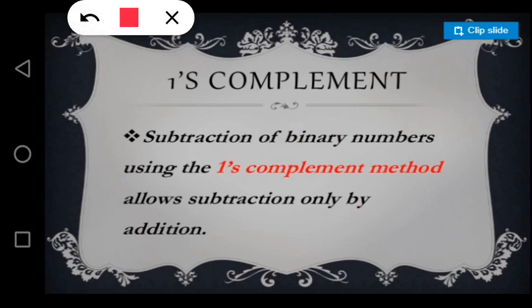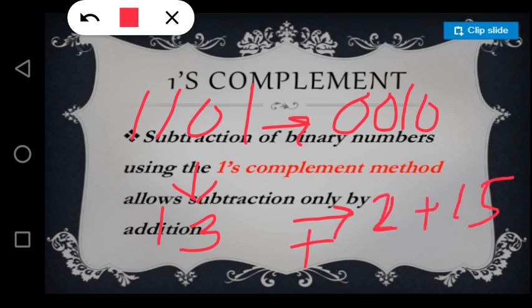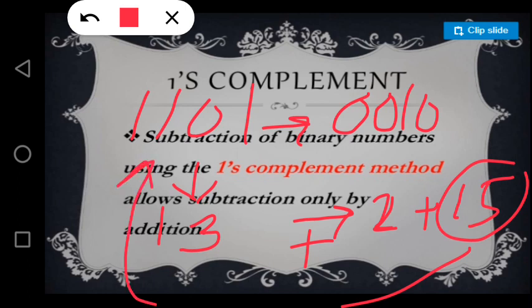You should understand the relation between a complement and a binary number. The complement of 1101 is 0010. This is 13, this is 2. If you sum up 13 plus 2, you get 15. 15 is the biggest number that you can represent with 4 bits.